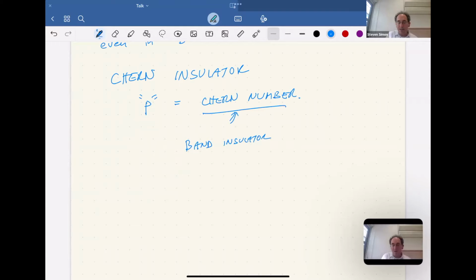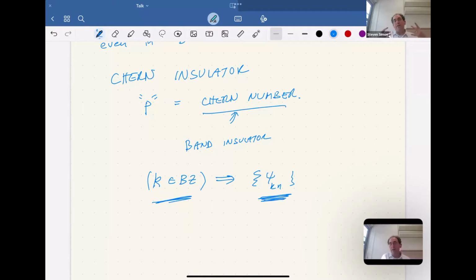In a non-interacting band insulator, you have a mapping from k, which lives in the Brillouin zone, which is say a torus, to a set of filled wave functions, psi k, in some filled bands. So you have some number of filled bands and then there are empty bands. It's a bundle over the base space being the Brillouin zone, and each k gives a wave function.